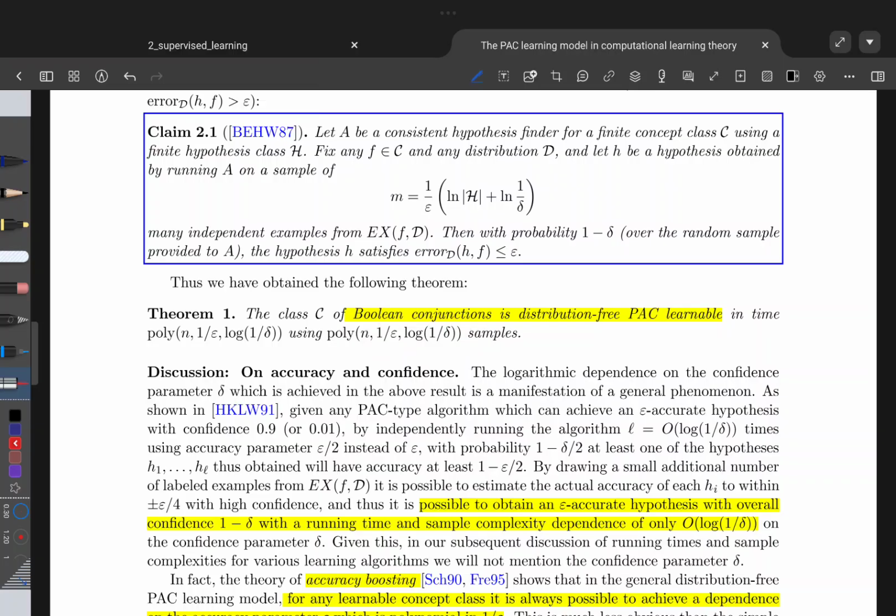We didn't really care about computational complexity. We just looked at the empirical risk minimizer and showed using concentration inequalities that these many samples are sufficient. So this is another way to look at it. It gives you something a little weaker, but at least for Boolean conjunctions, this also tells you something about the computational complexity of learning.